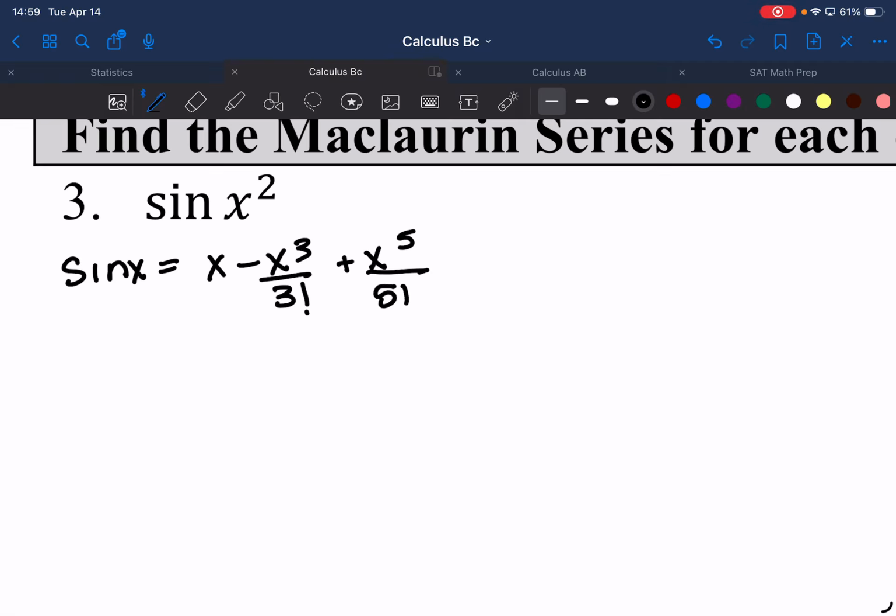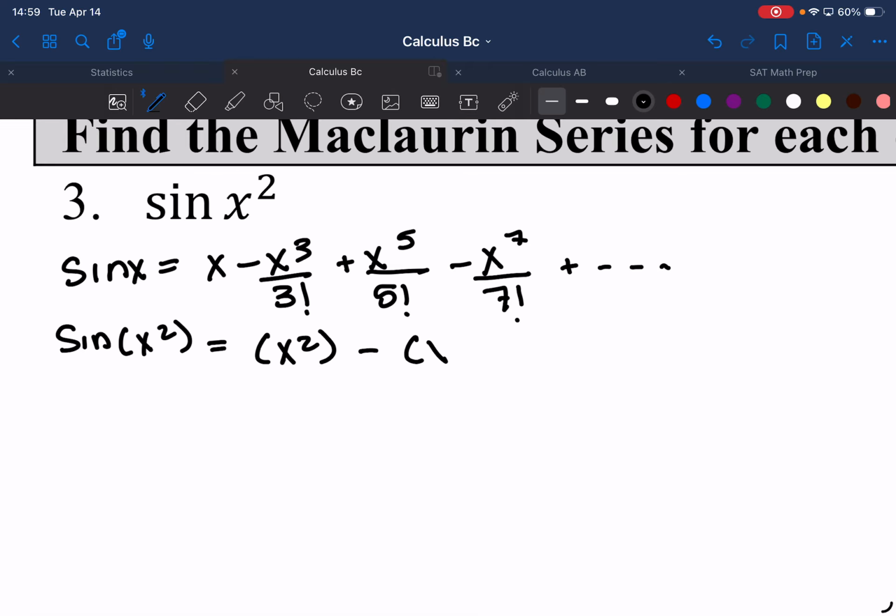Not only do we know the sine x expansion series, we also know the series notation for it, because it's another thing that we should have memorized. So we already know that the series notation is the summation of n equals 0 to infinity of negative 1 to the n power times x to the power of 2n plus 1 over 2n plus 1 factorial.